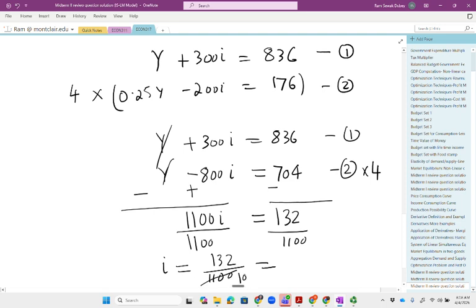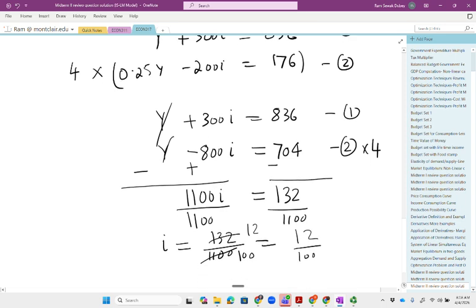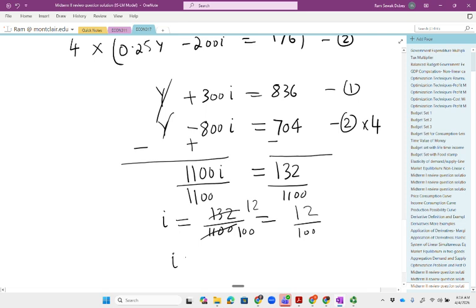So I have 100 in the denominator, and the numerator is 12. So 12 over 100 gives me the interest rate i to be 0.12, which is 12%.